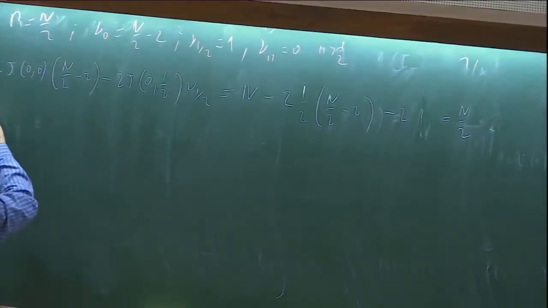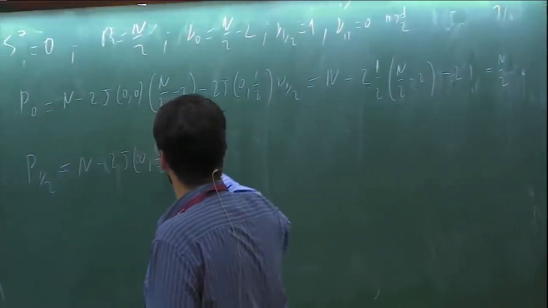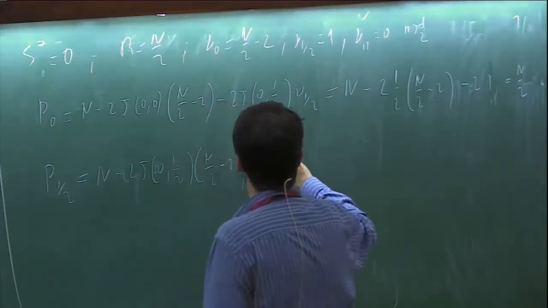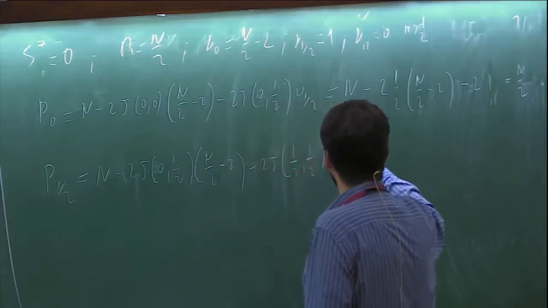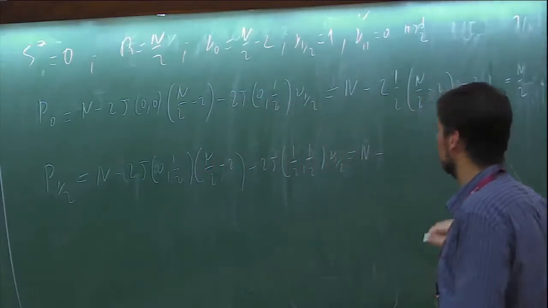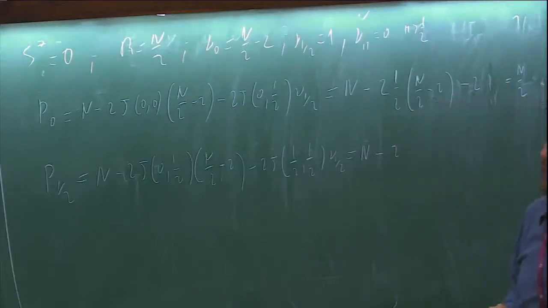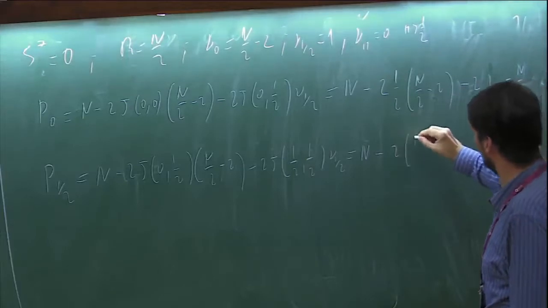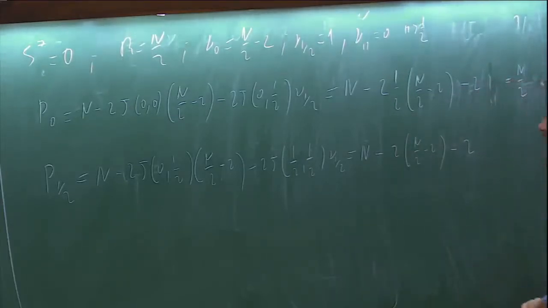And then the other one, which is n minus 2j 0 a half, n half minus 2 minus 2j a half, mu 1 half. So this is n minus 2. This one is going to be equal to 1. So this is n over 2 minus 2 minus 2.